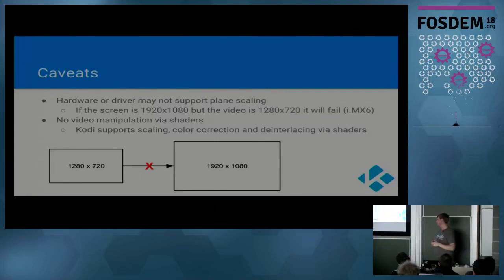So unfortunately, there is no plane scaling. So you cannot play a 720p video on a 1080p screen on the IMX6. It'll just say there's a size mismatch and it'll fail. But on Rockchip and the Dragonboard, it works just fine.